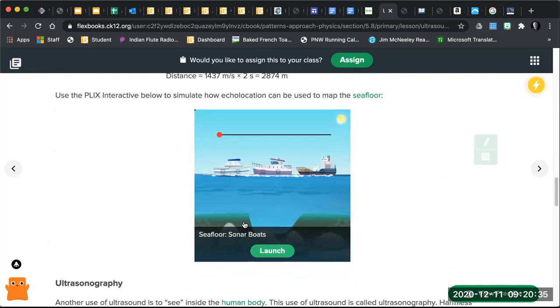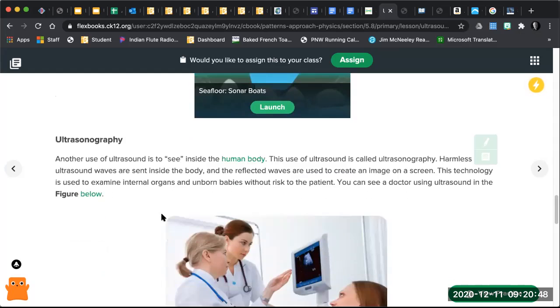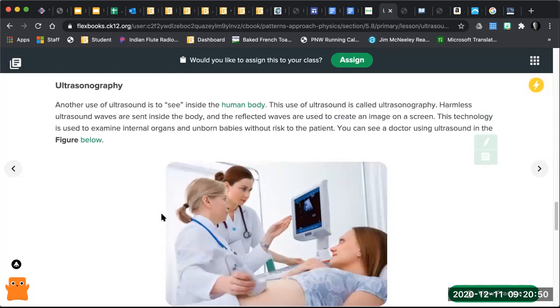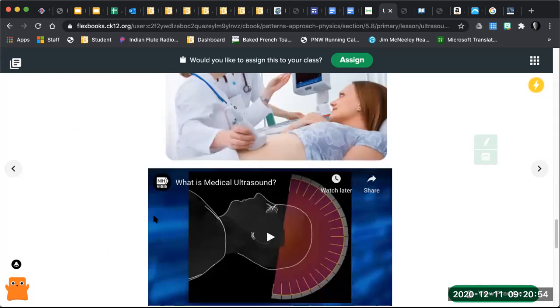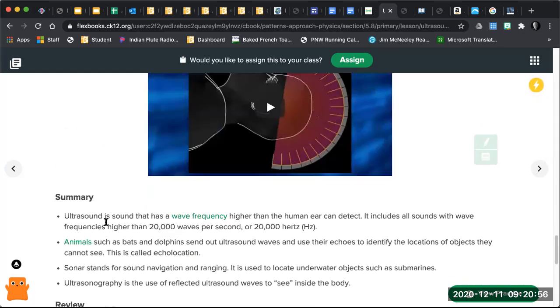Other uses of sonar include finding topography, mountain ranges, obstacles, sunken ships, all sorts of things underwater using ultrasound and echolocation. Ultrasound also has a purpose in medicine, and so there's a little video here to watch about that.